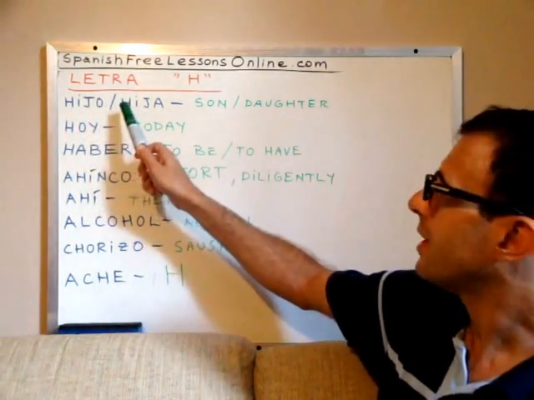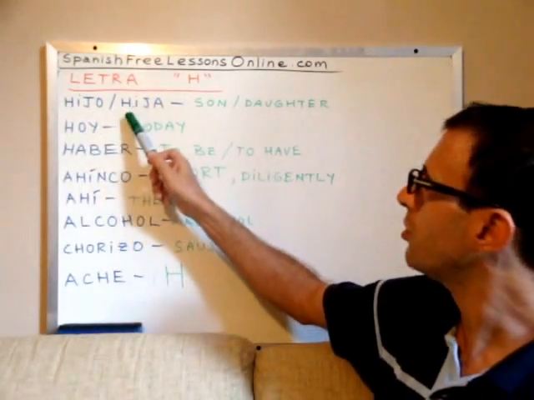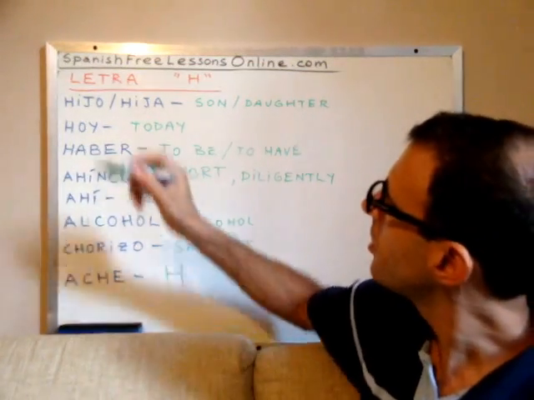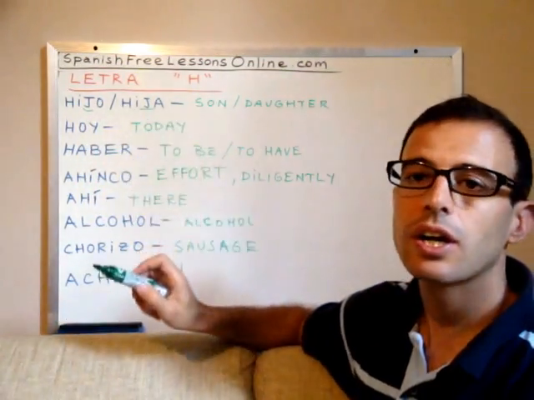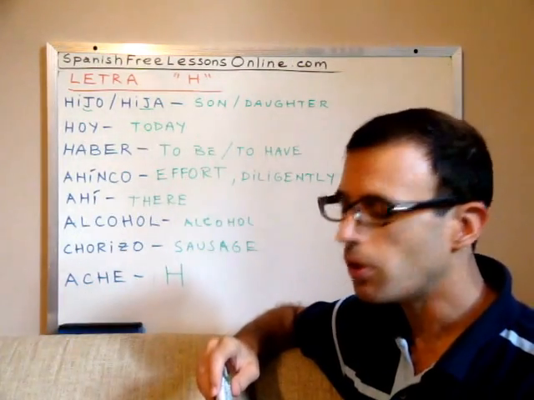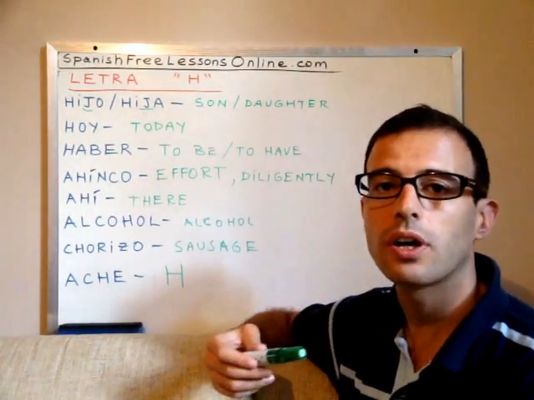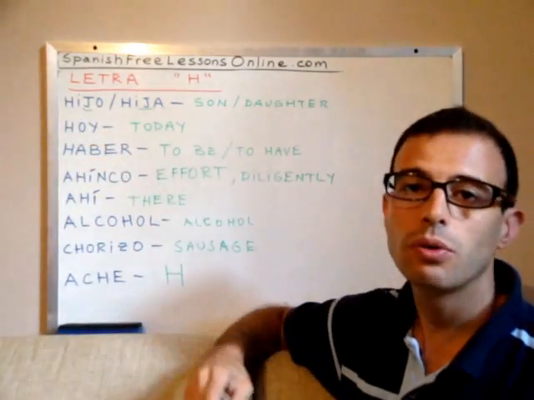Hijo and hija for son, hijo, and daughter, hija. Okay? Remember when we spoke about the J? It's more than the English H. It's actually a rougher sound. Hijo. So here the H is totally mute.